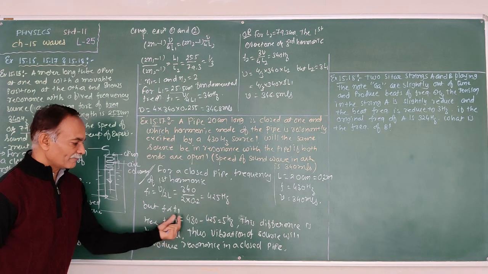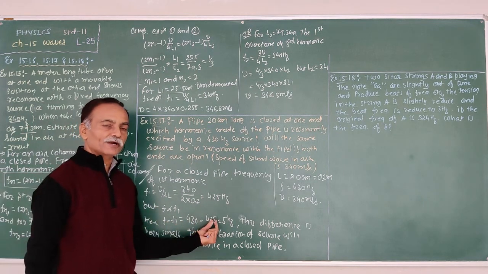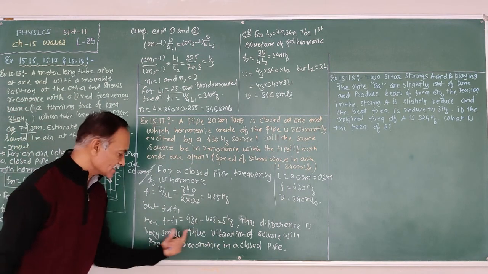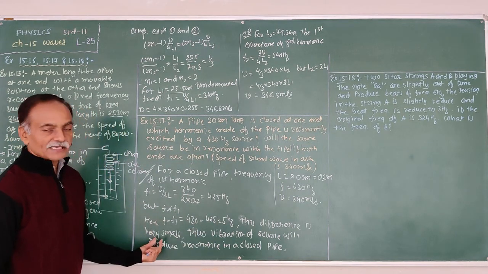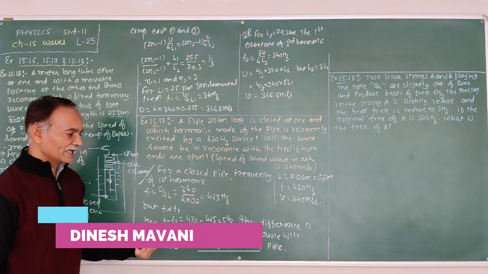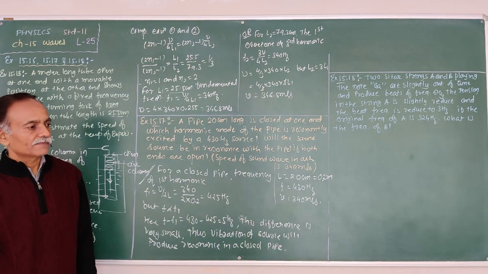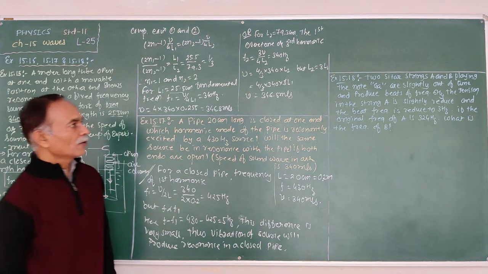Therefore, F minus F1 is 430 minus 425, that means we obtain 5 Hz. This difference is very small, thus the vibration of the source, that means the 430 Hz frequency, produces the resonance in a closed pipe. Right? Now for the open pipe.